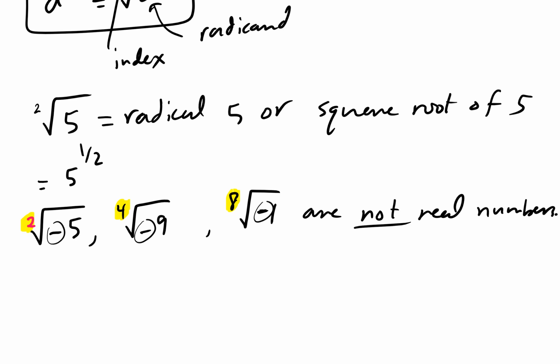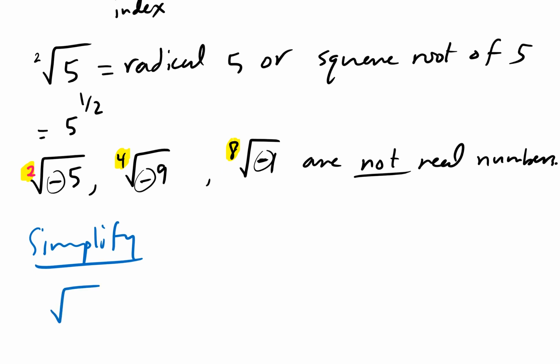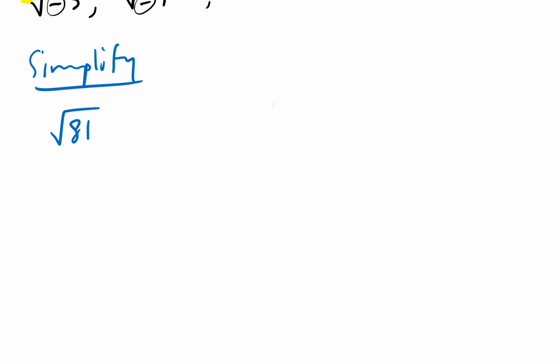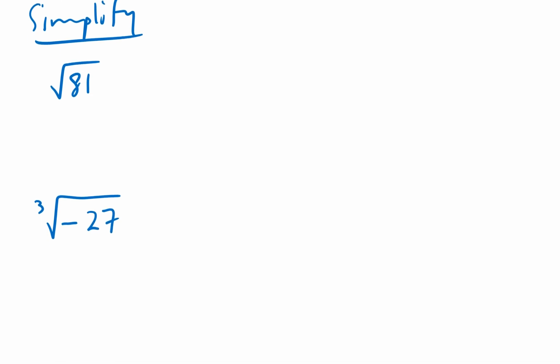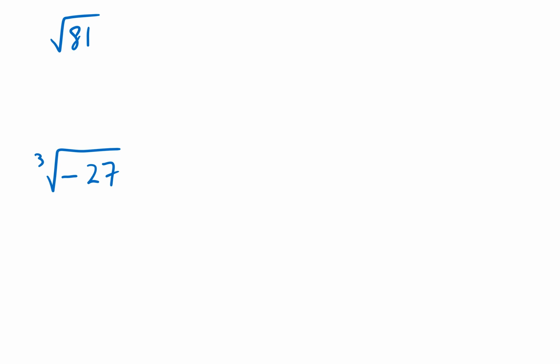So we can simplify to practice more on this. Simplify, say, the square root of 81, or the cubic root of negative 27, or the fourth root of 81 over 16.